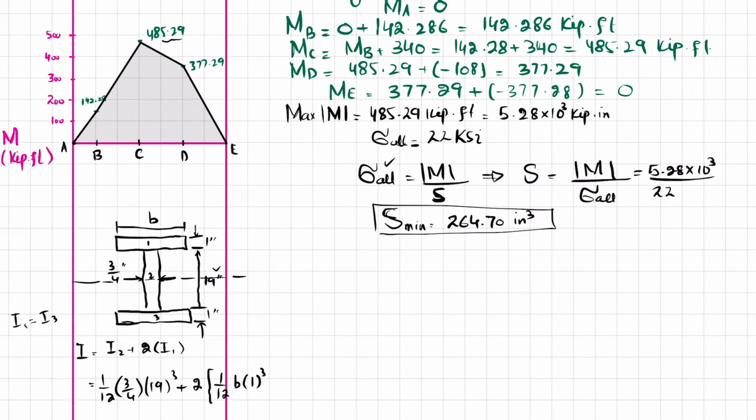Now plus, since this area is at a distance from the centroidal axis, we have to write A D squared over here. The area is B times 1, and D is the distance from the centroidal axis to the centroid of the flange, so D squared is 10 squared. How is it 10?